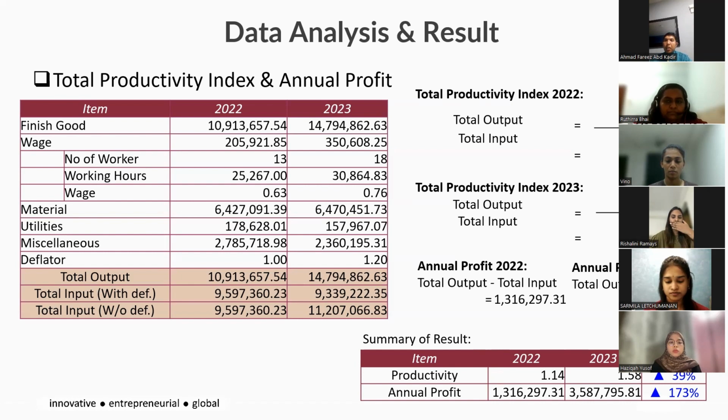So in the end, from the table comparing the total productivity index between these two years, productivity from 2022 is increased around 39%, and annual profit is increased by 173%. This is because the total output for 2023 increased a lot for that year. Next.